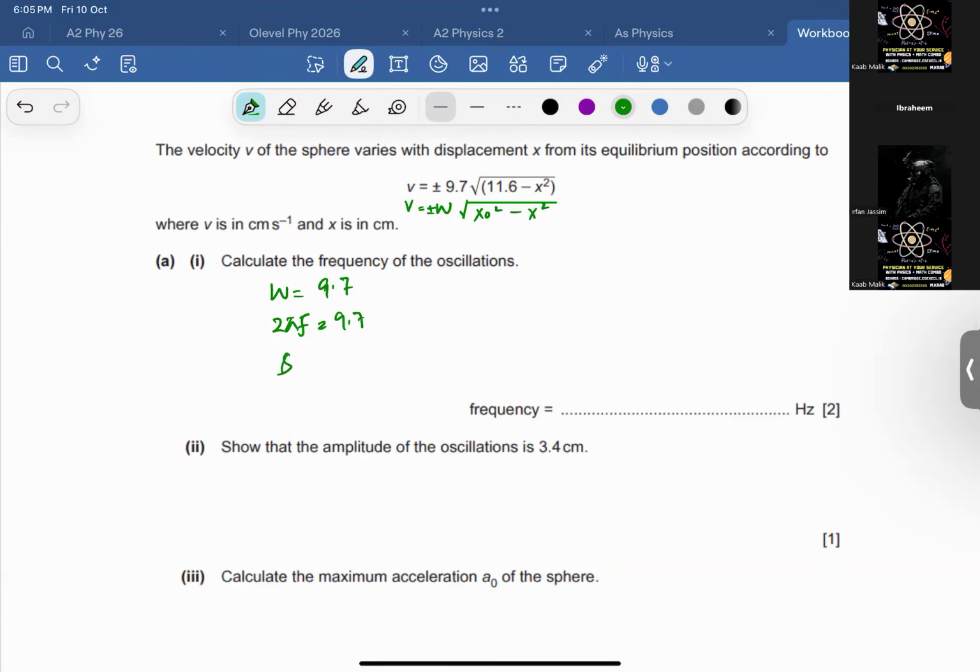So f is equal to 9.7 divided by 2 pi. How much? 1.54.